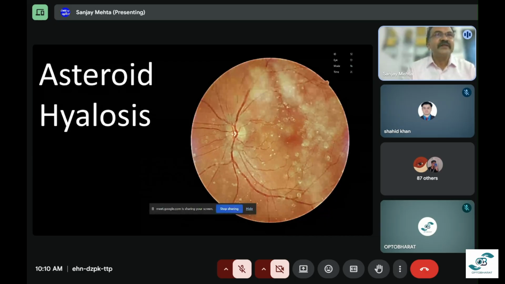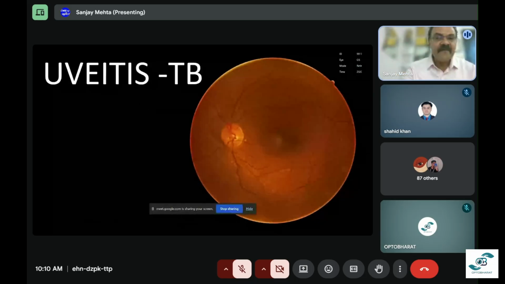When he came back, this asteroid hyalosis had almost disappeared, either because of the drugs he must have been given, or because the asteroid hyalosis was just an indicator. Anything related to cholesterol is nothing but a warning sign, they are actually called firefighters, that something is wrong somewhere in the vasculature. So this is again a very interesting case.